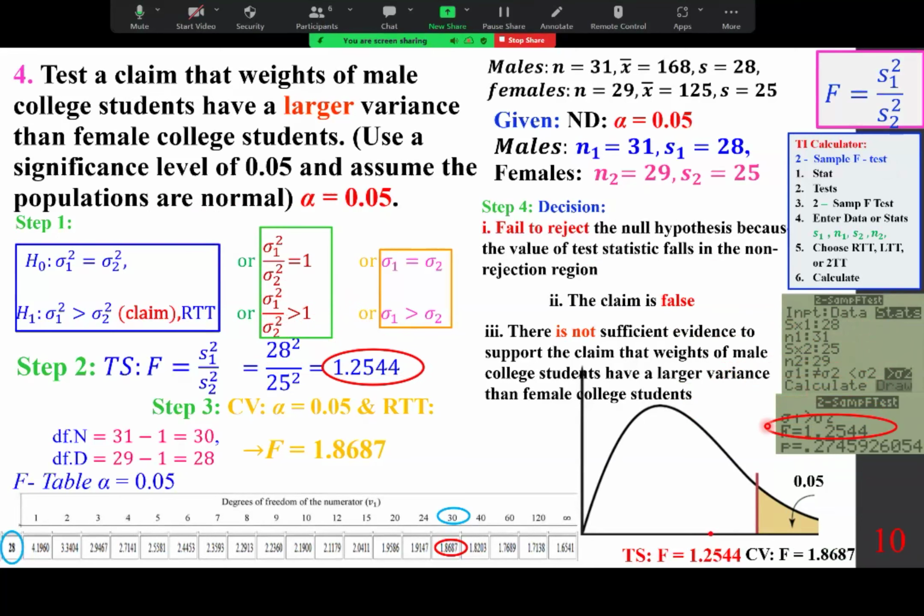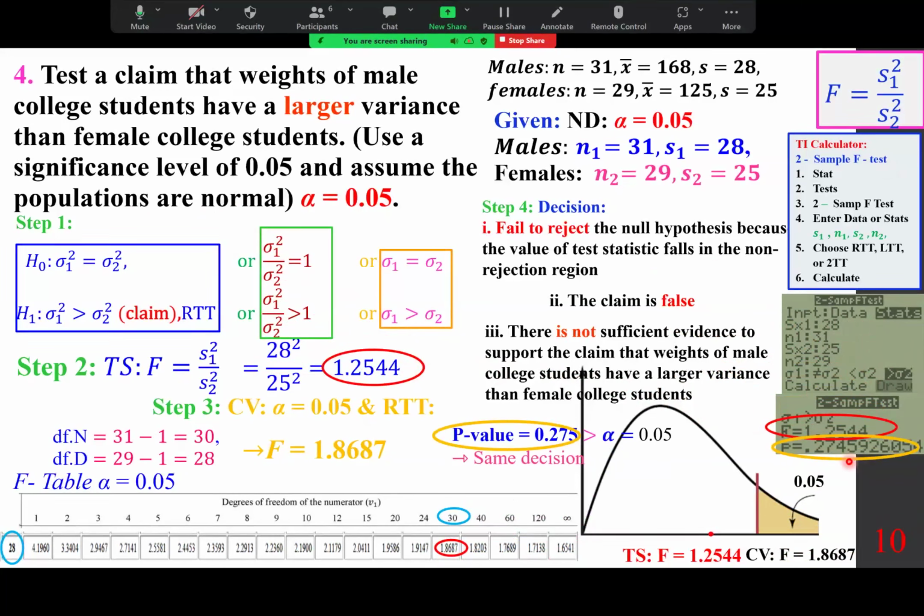You need the test statistic, which is the same as ours, very straightforward. And you need to know the p-value. Take a look at the p-value, 0.27, because they don't give you the critical value, they give you the p-value. It's way larger than alpha of 0.05, and you have the same decision: fail to reject the null hypothesis, and therefore, the claim is false.